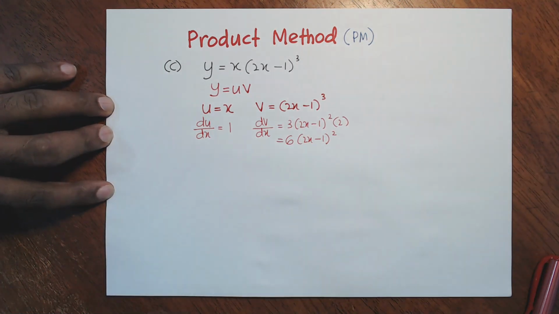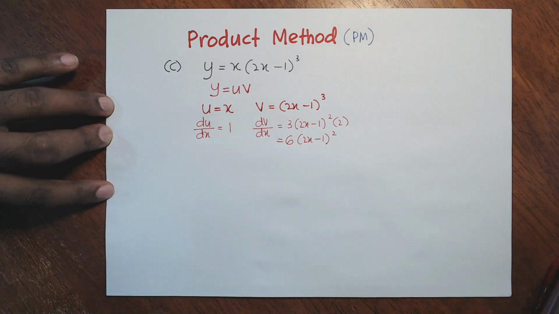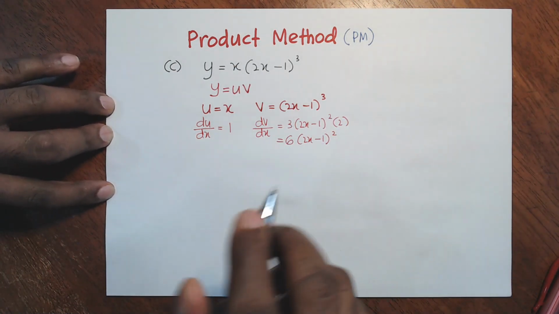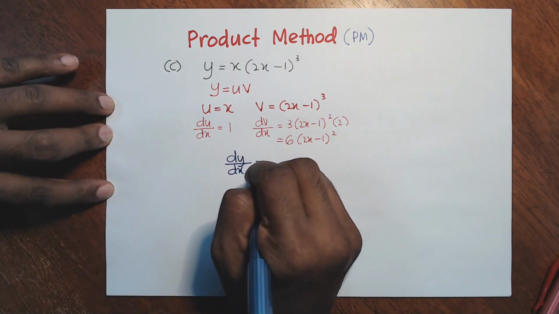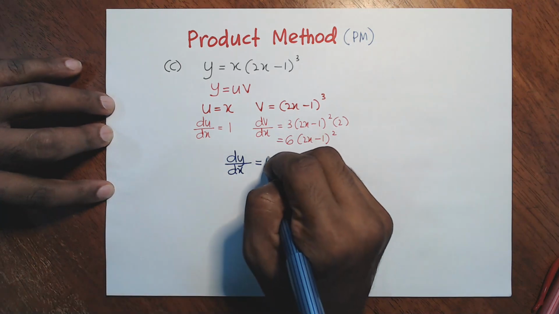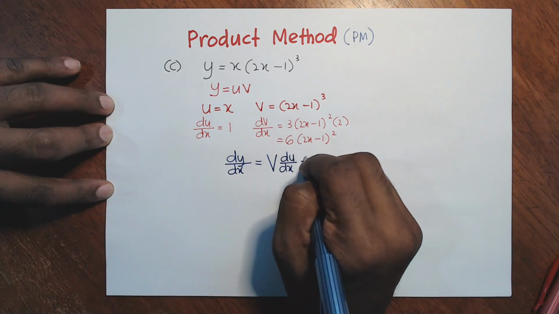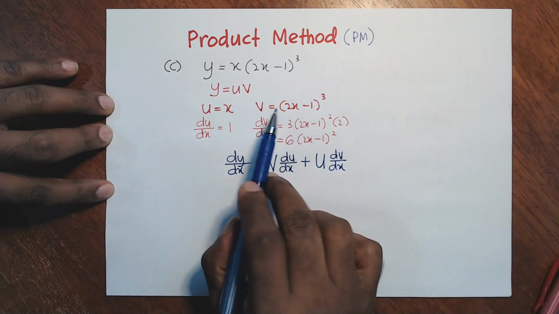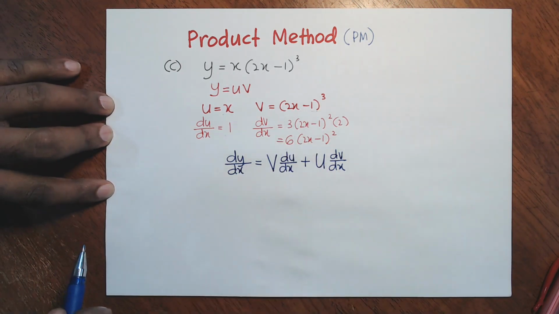That's dv/dx. Right. After finding du/dx and dv/dx, guys, we have to use the formula. To do the product method, there is a formula to find dy/dx, and the formula is dy/dx equals v du/dx plus u dv/dx, where this is v, this is u, this is du/dx, this is dv/dx.